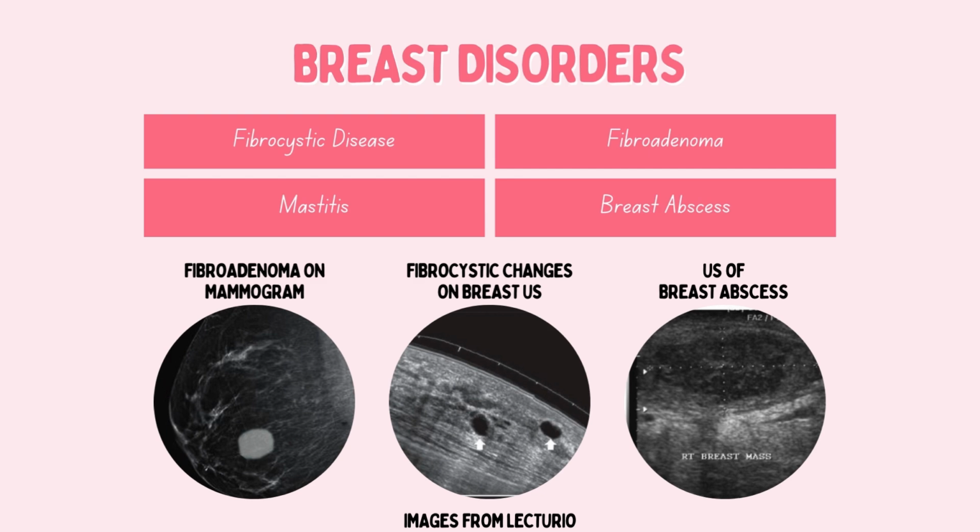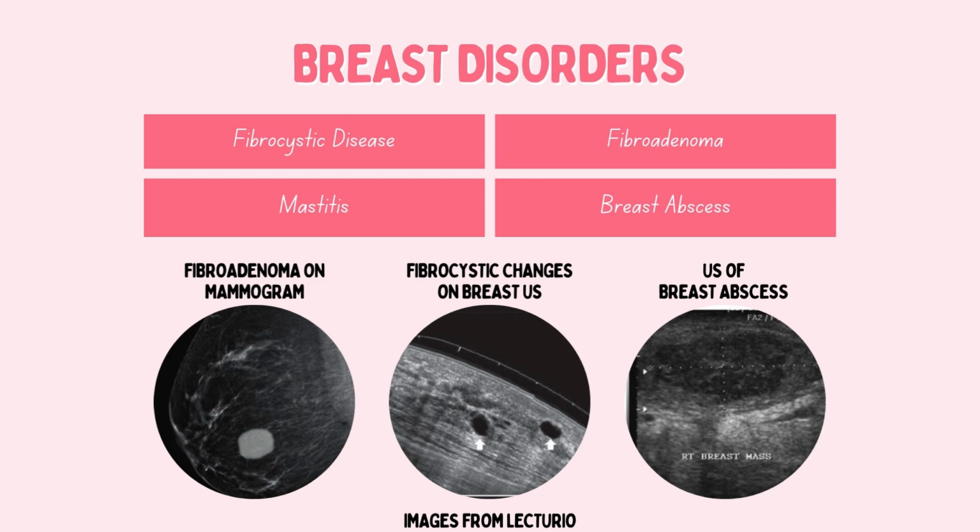So now we'll talk about fibroadenomas. These are benign, solid tumors composed of glandular and fibrous tissue. They are hormone dependent. This is the second most common benign breast mass after fibrocystic disease, and it's the most common breast tumor in women younger than 30.